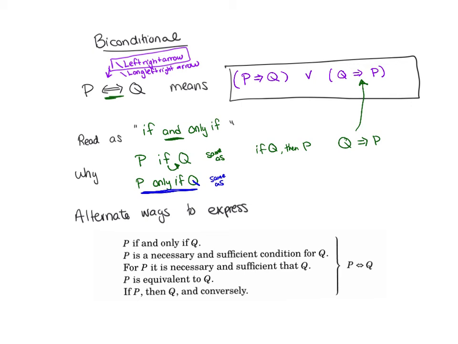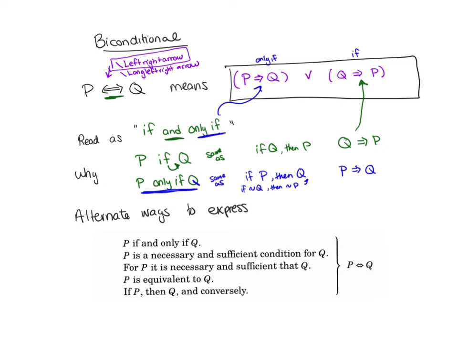So I need that Q because that Q is coming from the P. So we saw that this is the same as if P, then Q. Or maybe you want to think about it as if not Q, then not P, which again we saw was the same as this if P then Q. So that's actually my P implies Q. So the only if part gives me my P implies Q. And then the if part gives me my Q implies P. Seems a little backwards, but that's how they go.